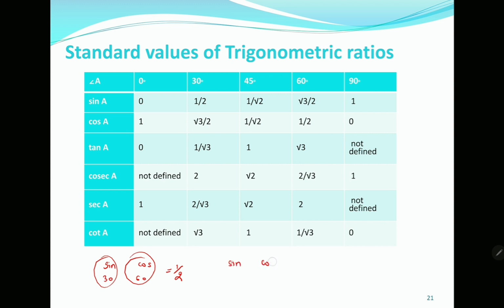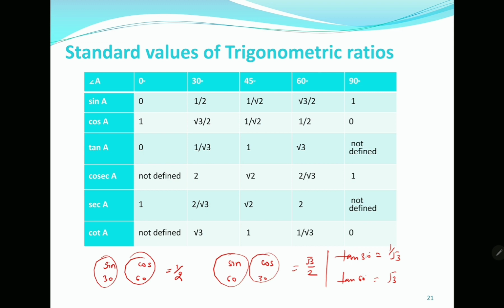Sine 60 and cos 30 are also equal, which is root 3 by 2. Tan 30 and tan 60: the value of tan for 30 and 60 is either root 3 or 1 by root 3. So tan 30 is 1 by root 3 and tan 60 is root 3.